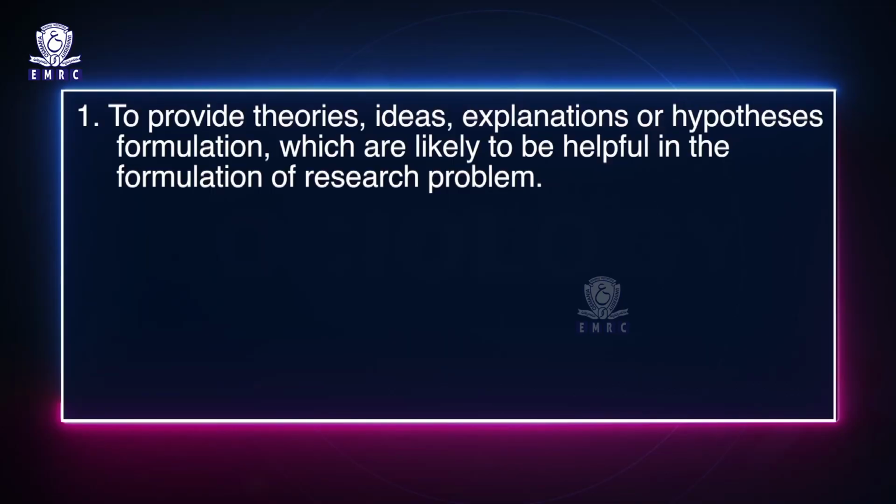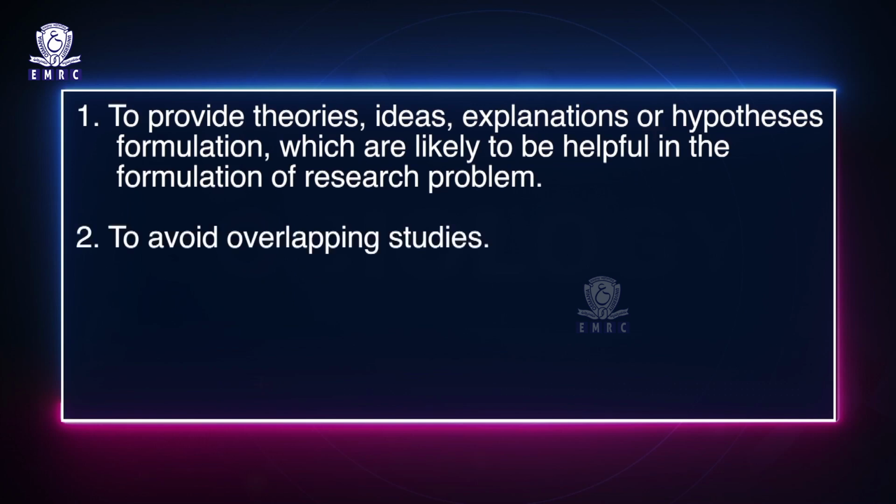Review of related literature is done with the objective of these aspects. Firstly, to provide theories, ideas, explanations or hypotheses which are likely to be helpful in the formulation of the research problem. Secondly, to avoid overlapping studies.